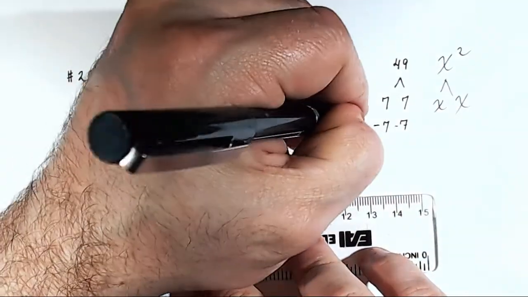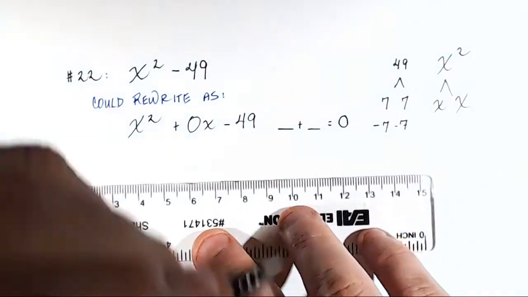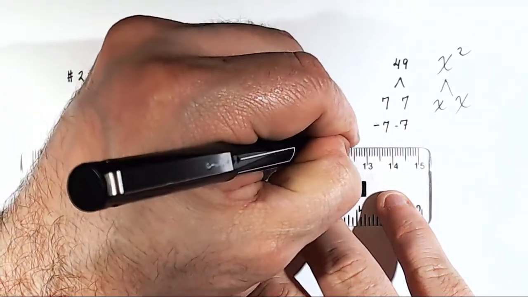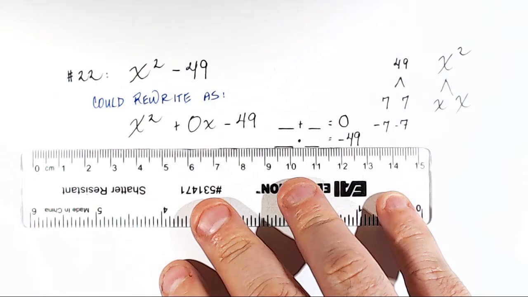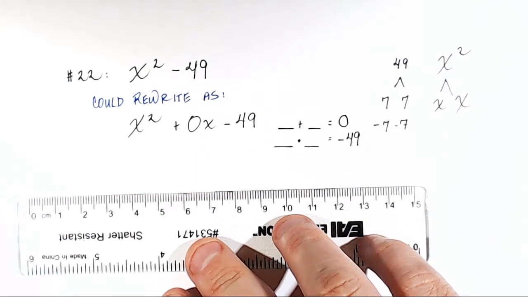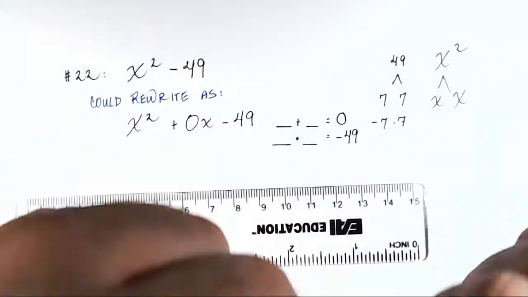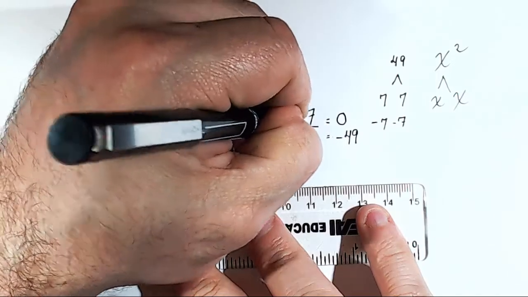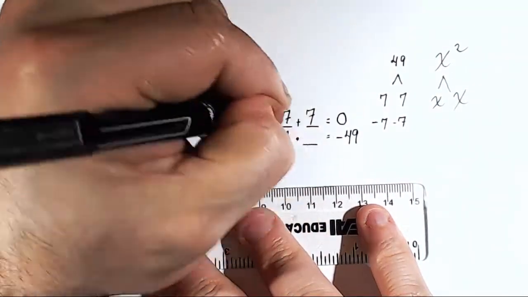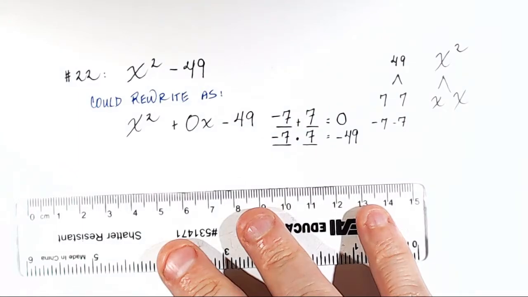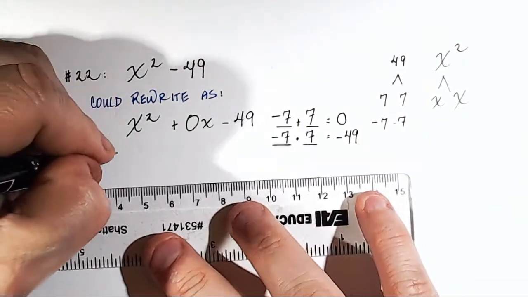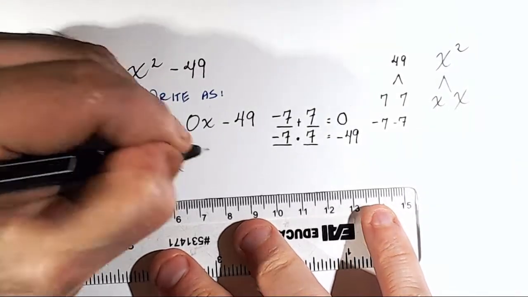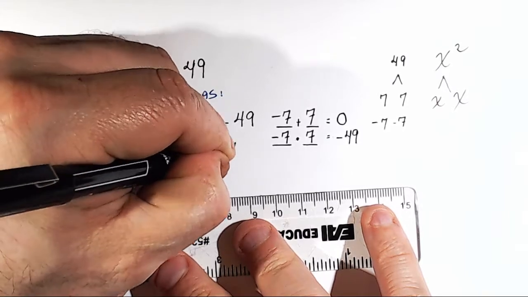The numbers need to add to 0 and multiply to be negative 49. How about negative 7 and positive 7? Those two numbers add to 0 and multiply to negative 49. So my factors would be x minus 7 and x plus 7.